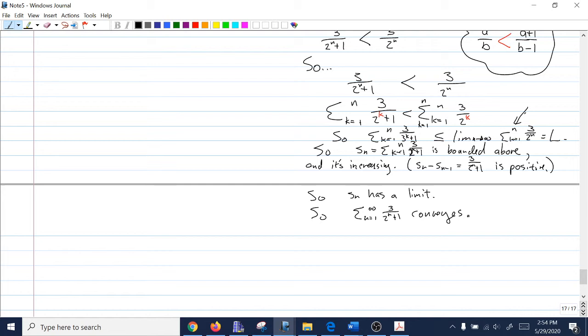A series converges exactly when the sequence of partial sums has a limit, and we just said the sequence of partial sums has a limit, so the series converges.